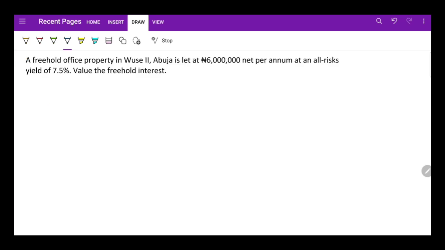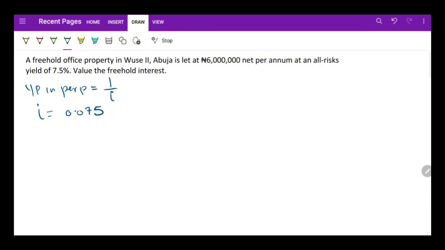Let's look at another question. This question says a freehold office property in Wuse 2, Abuja is let at 6 million naira net per annum at an all-risk yield of 7.5%. What is the freehold interest? So using our normal YP in perp, YP is equal to 1 over I, where our I here is equal to 0.075.